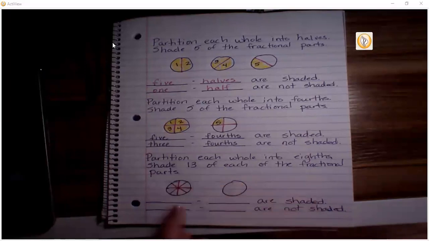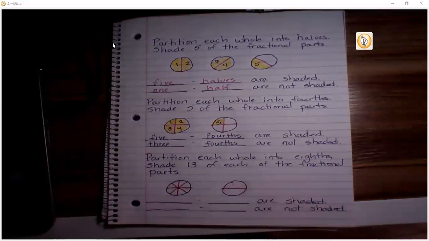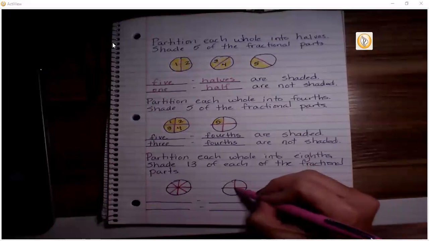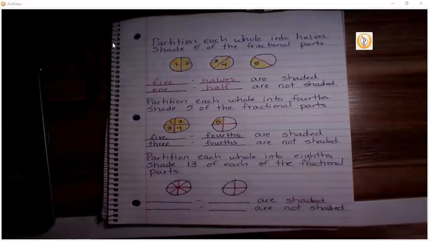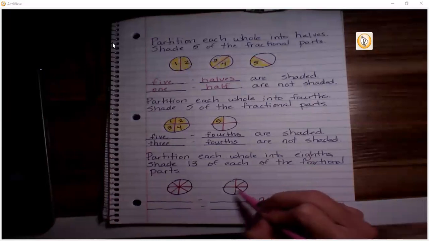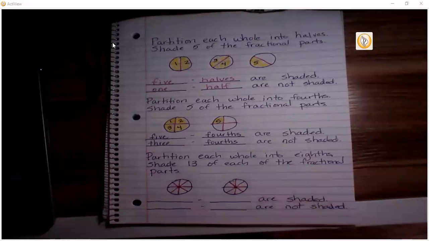And now I have 1, 2, 3, 4, 5, 6, 7, 8 pieces. So let's do that again. Cut your circle in half. Cut each half in half. Cut each piece in half. It's like a pizza, doesn't it? Miss Austin must be ready for lunch.